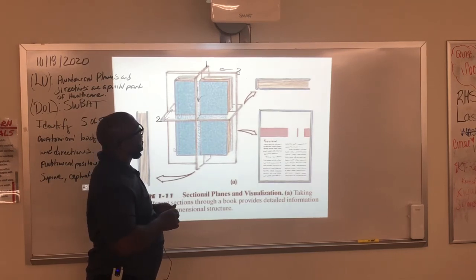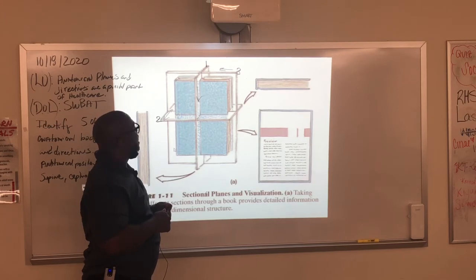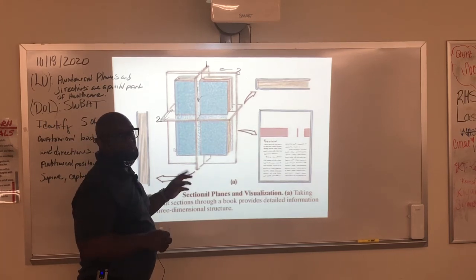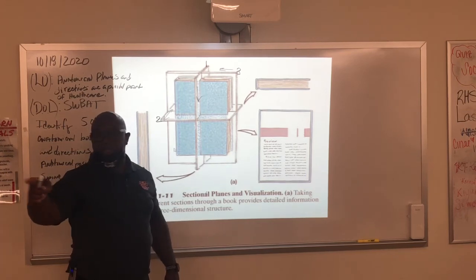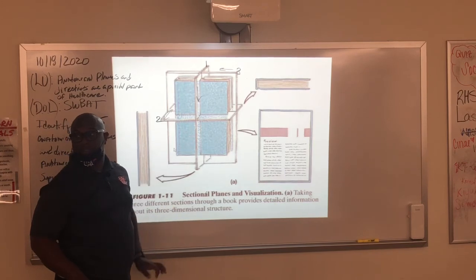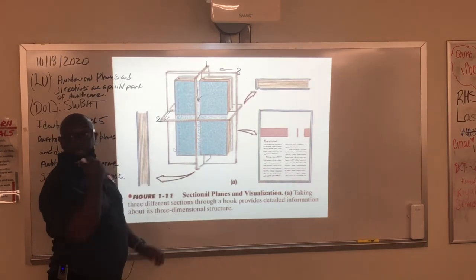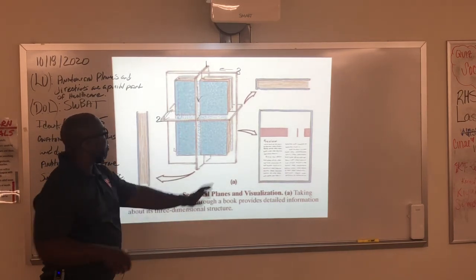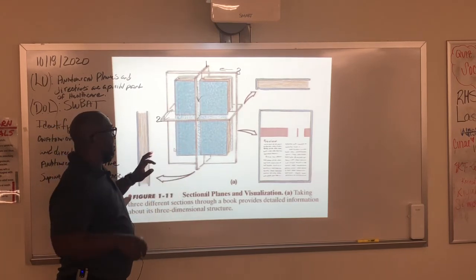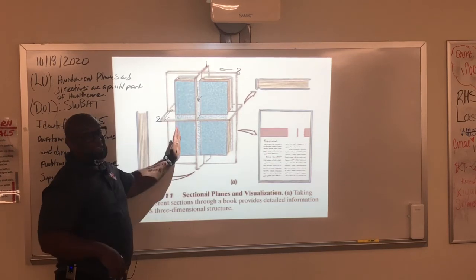Wait a minute. Look at it. Mid-sagittal is what? Left and right halves, right? So which one would be dividing into left and right? Number 1. Correct. So we know it's not mid-sagittal.